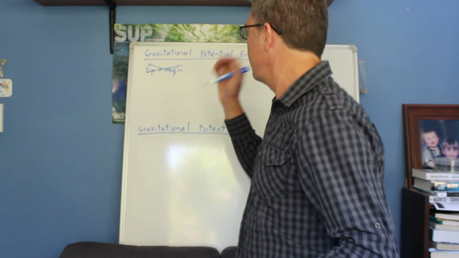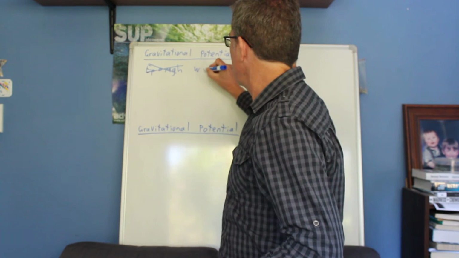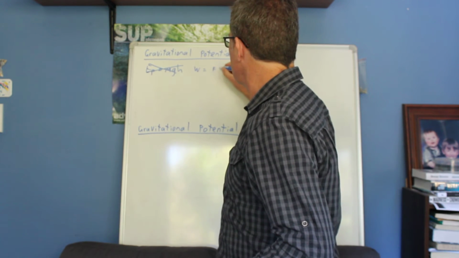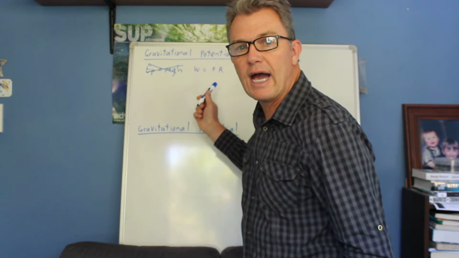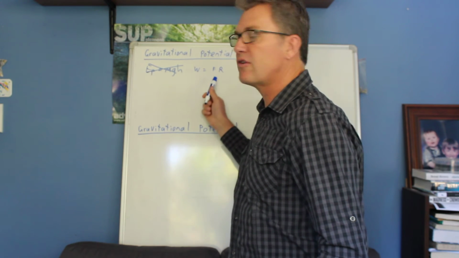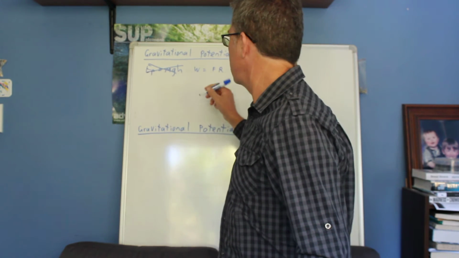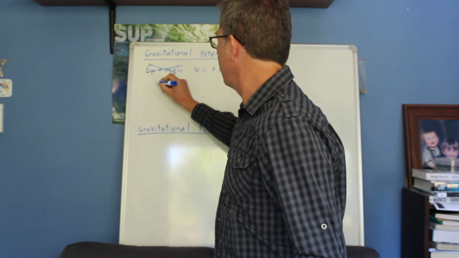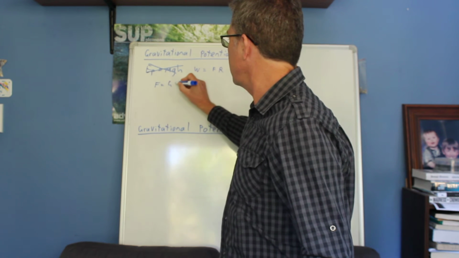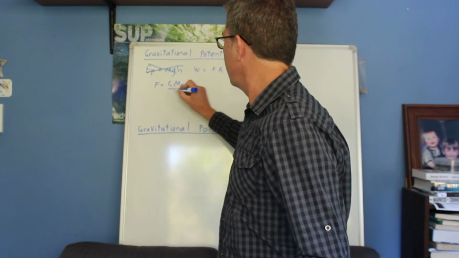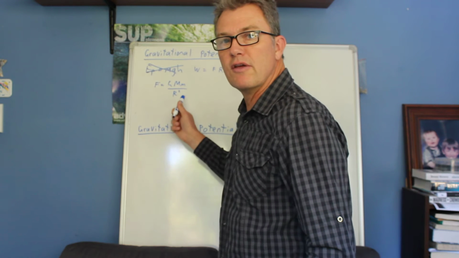Now we know that work done equals force times distance, and we'll call distance r. Now crudely speaking, we can just say force equals big G, big M, little m over r squared. You're now really familiar with that.